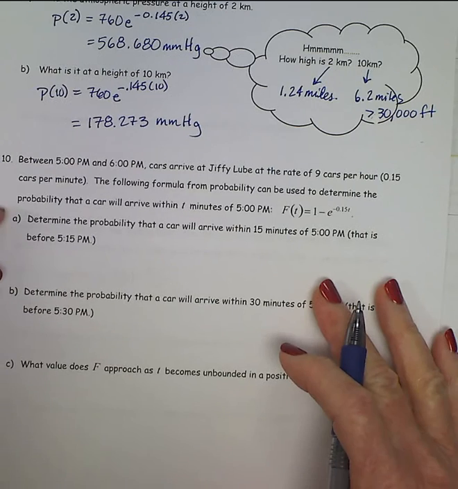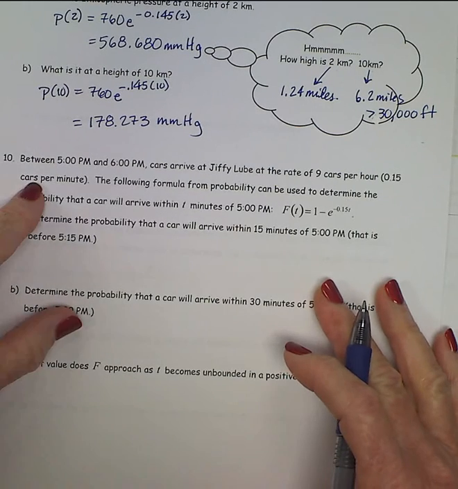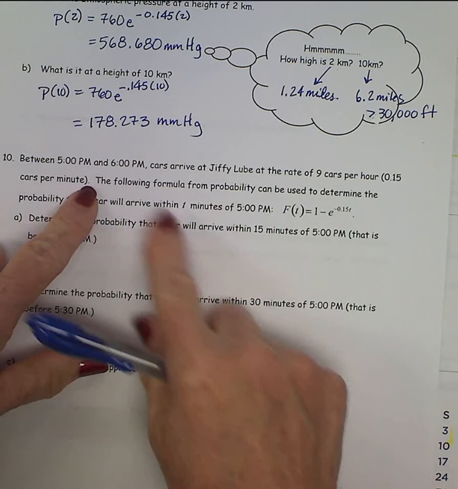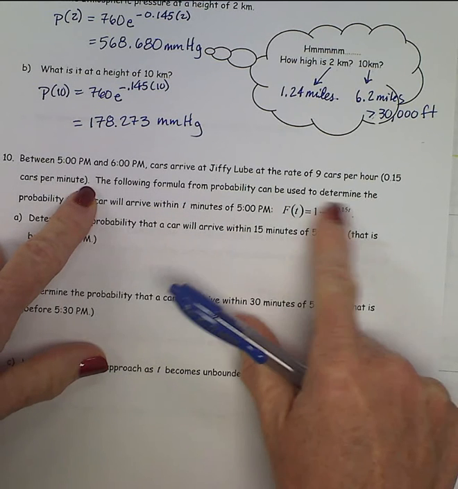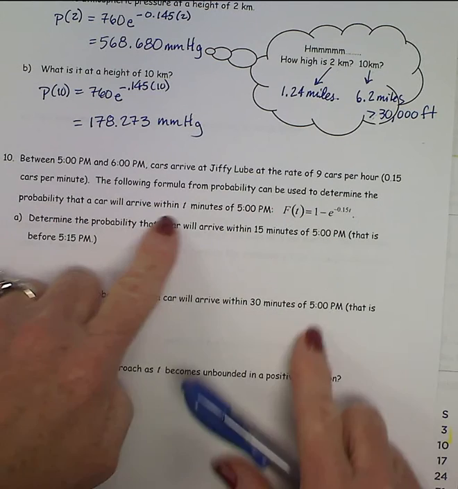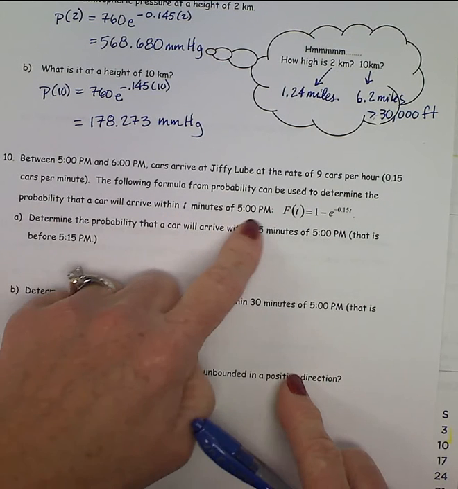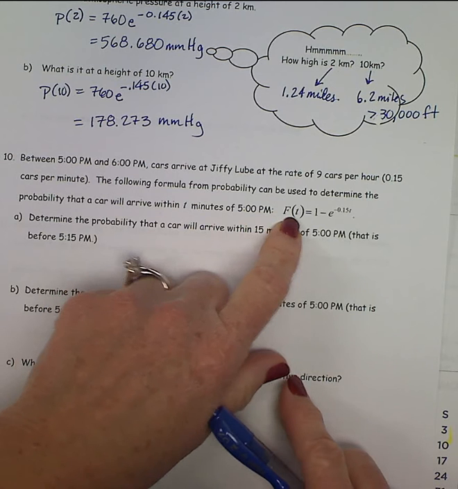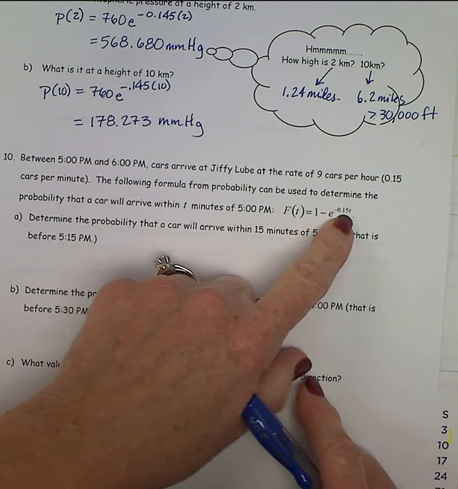All right, look at this next one. Between 5 and 6 p.m., cars arrive at Jiffy Lube at a rate of 9 cars per hour, 0.15 cars per minute. The following formula from probability can be used to determine the probability that a car will arrive within t minutes of 5 p.m. So f of t equals 1 minus e to the negative 0.15 t.